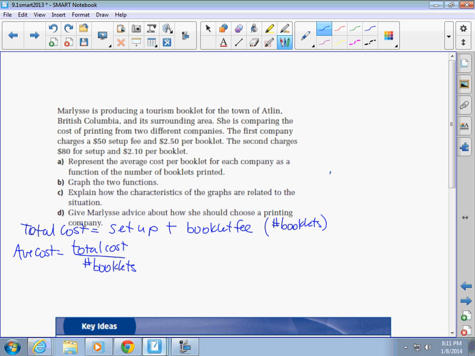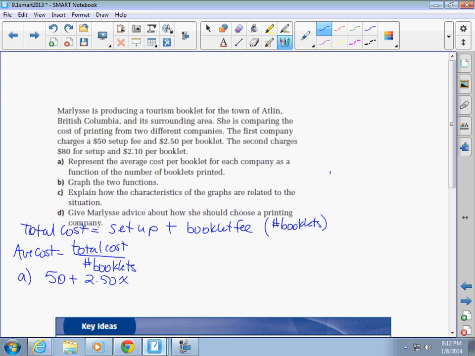So for my first one here, I'll do my A. So my average cost is the total cost over the number of booklets. So my total cost is the setup fee. So for the first one, it was $50 plus $2.50 times your number of booklets.